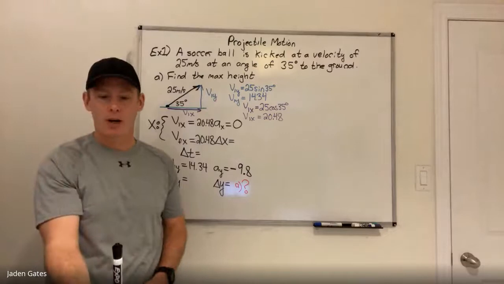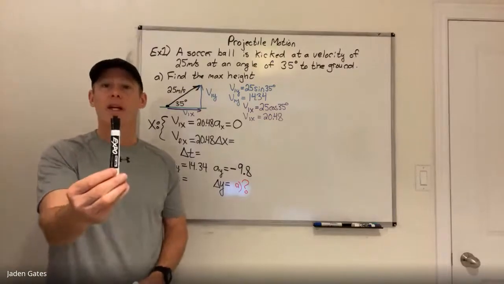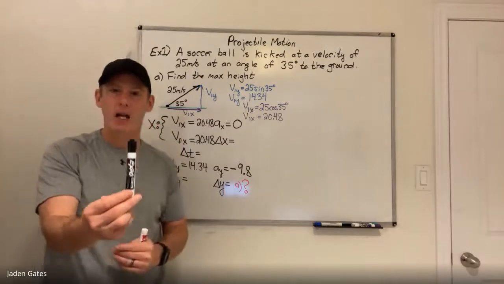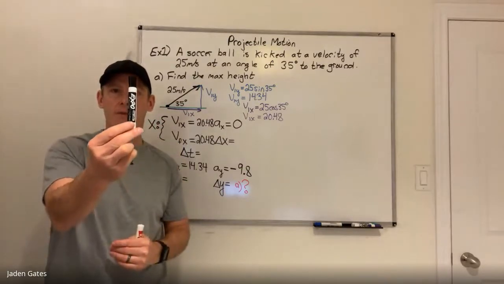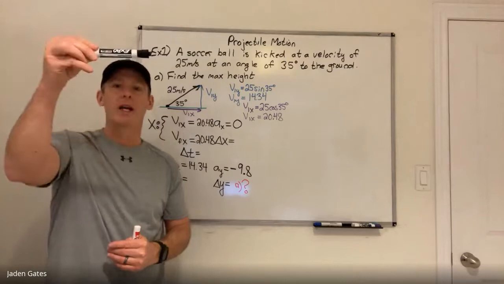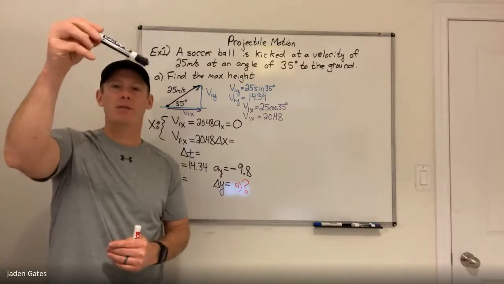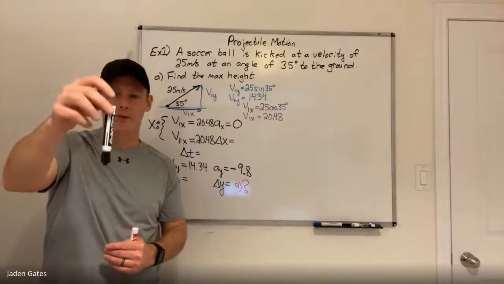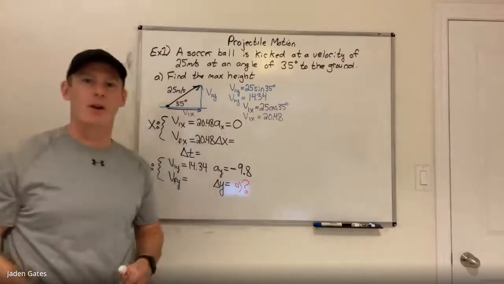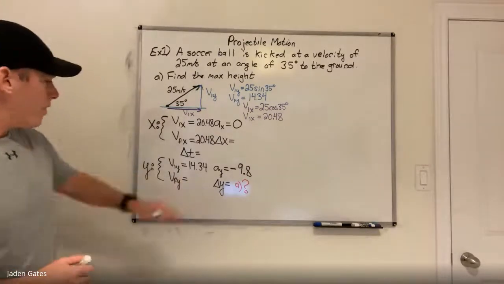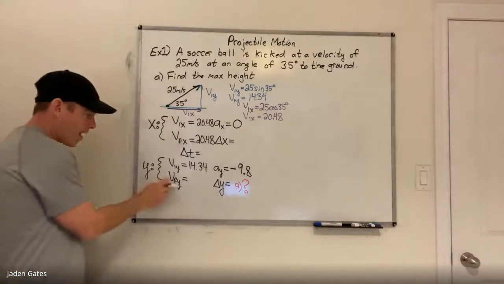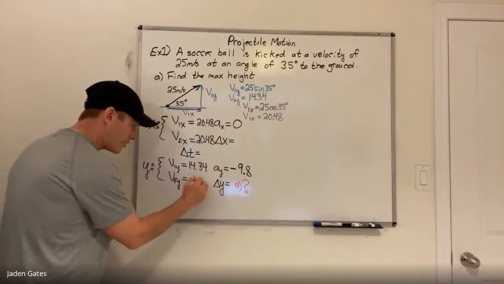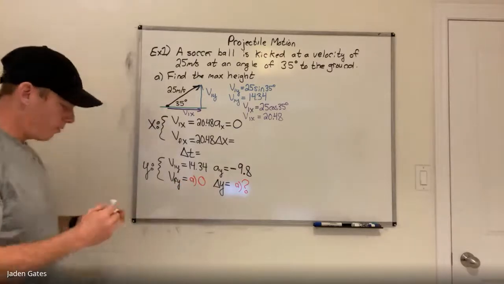The entire time your object is moving up, the velocity is positive, but it's getting smaller: 9, 8, 7, 6, 5, 4, 3, 2, 1, 0. There's your maximum height. Then your velocity becomes negative: negative 1, negative 2, negative 3, negative 4, negative 5, negative 6, on the way down. So when we are finding the maximum height, that means vertically, our final velocity is 0.